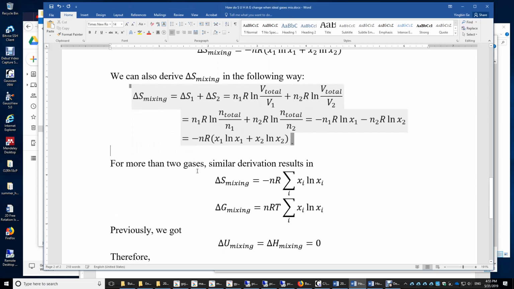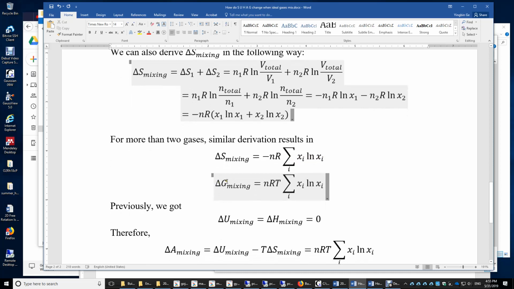If we have more than two gases, let's say we have a total number of I gases, where I is an integer, we can use similar derivation to get the entropy of mixing, which is negative nR times the sum of xi times the natural logarithm of xi.